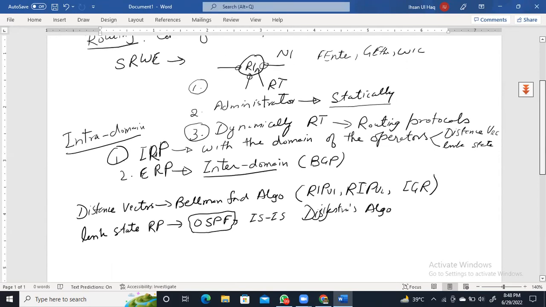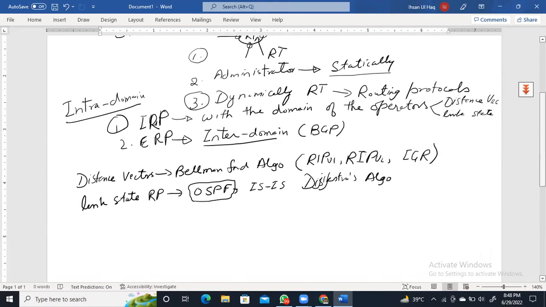If we talk further, what do we mean by the link state? I explained last time as well, by link we mean the interface of a router, simply. All of these are the links. And what is meant by the state of the link?